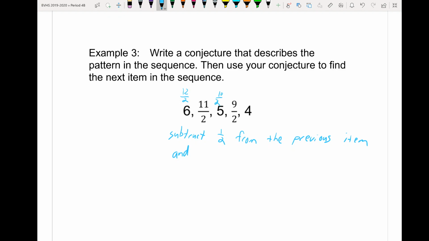This is also 10 halves, and this is 8 halves. So the reason that the 12 halves is written as 6 is because it's a reduced fraction, right? 11 halves is also a reduced fraction. So we're going to just subtract 1/2 and then reduce the fraction.